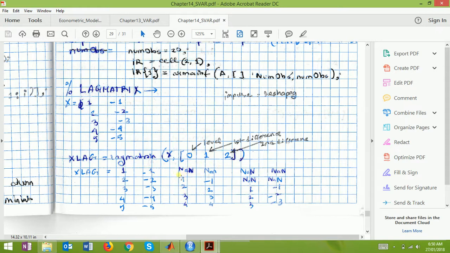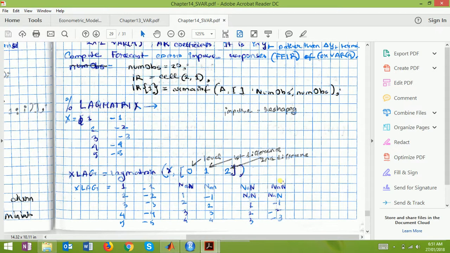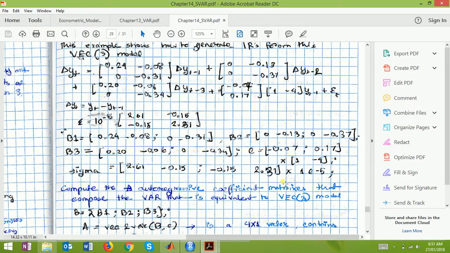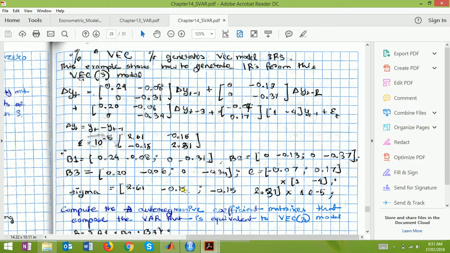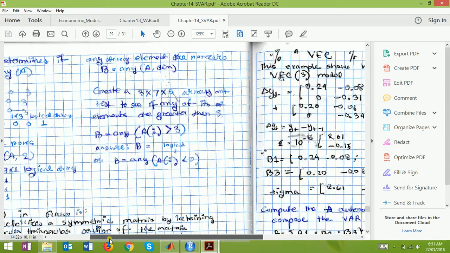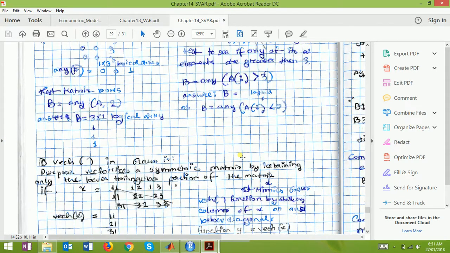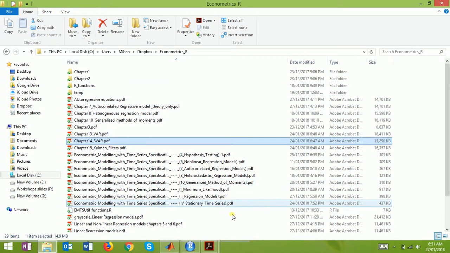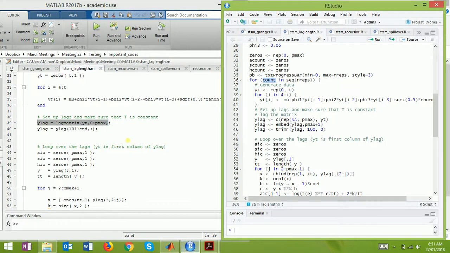It takes your first difference and puts the first row to none, then the first two rows to none. Then we need to actually do something to get rid of these NaNs. So basically that's lag matrix, quite simple. And then we will also have to look into the VAR model, but that we will be dealing with later in the next chapter, not this one.